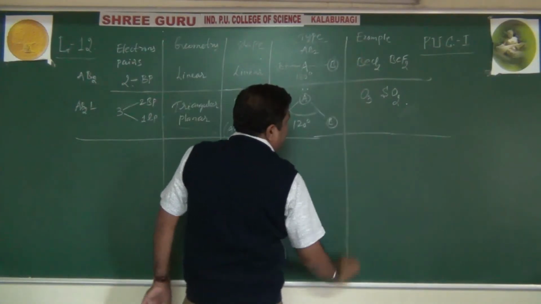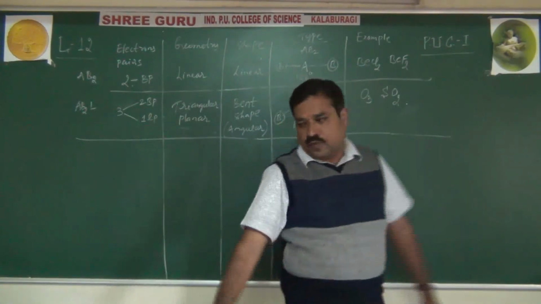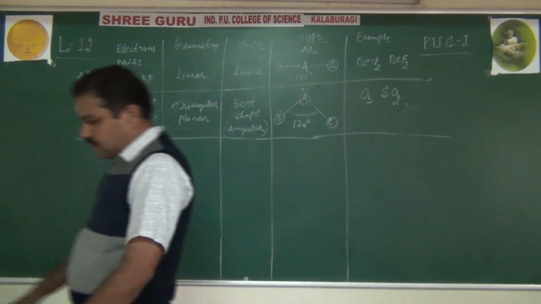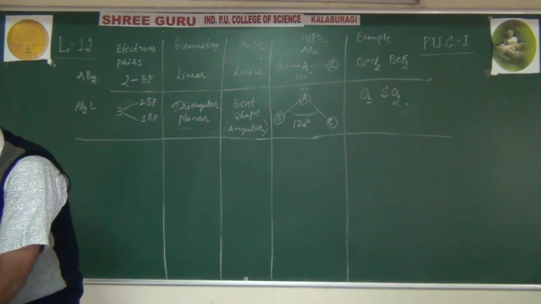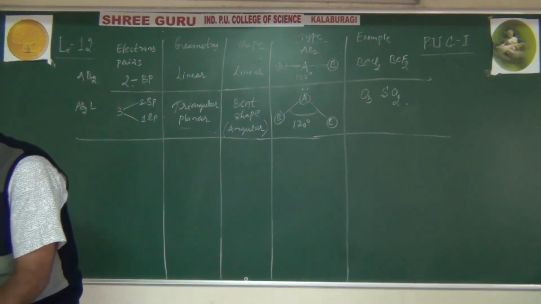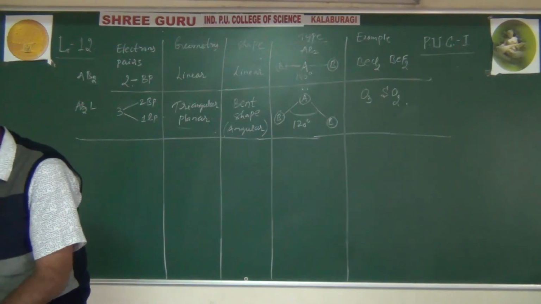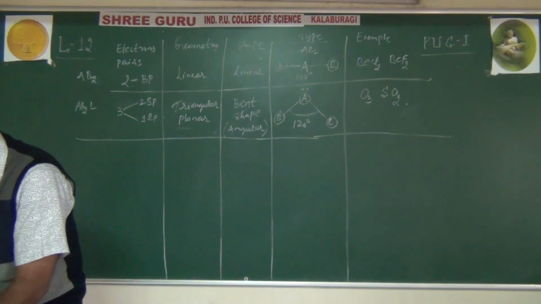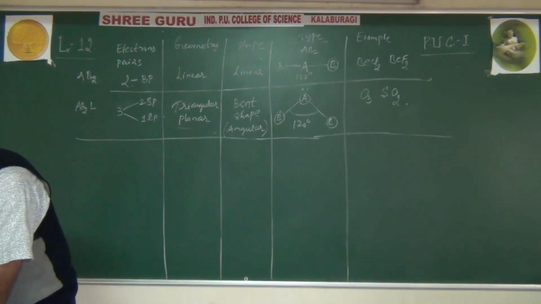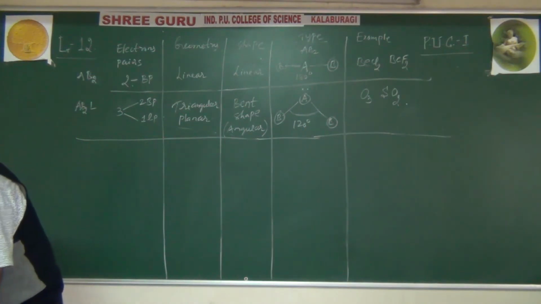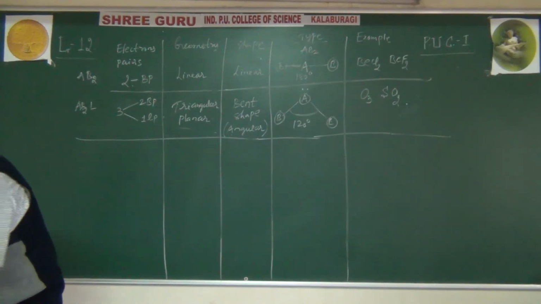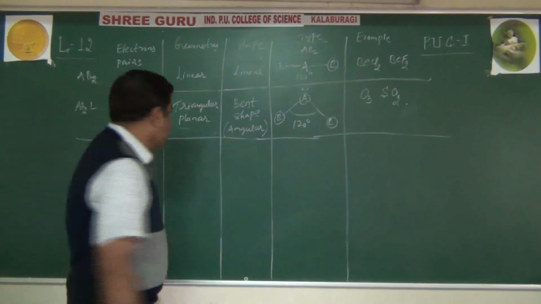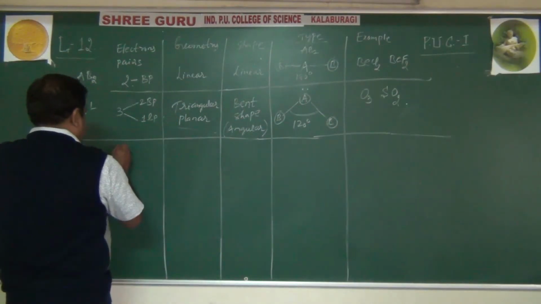Students will get confused over here, and that's why I go very slow. Now, third chance for this VSEPR theory. After AB2L, the next case is number of electron pairs 4.